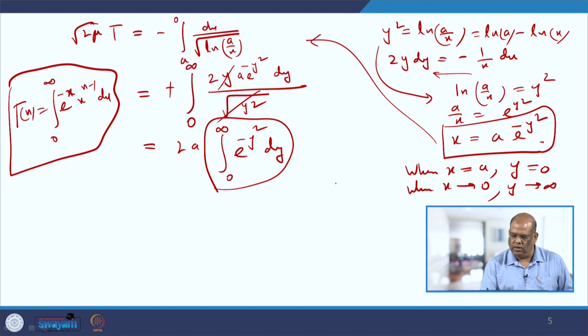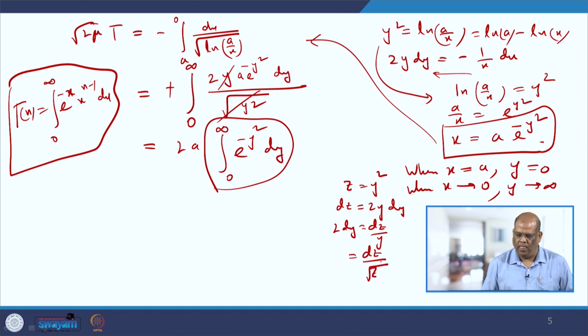So, what we do is you substitute z equal to y square. So, dz will be 2y dy, and 2 dy is equal to dz by y, which is dz by z to the power half or root z.